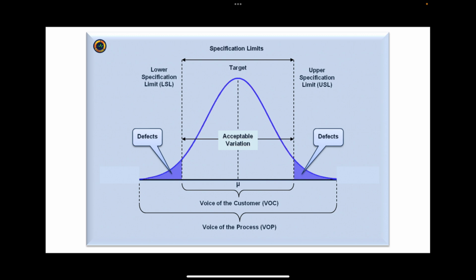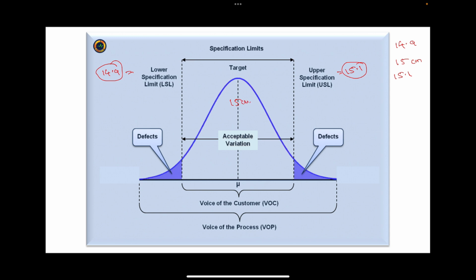So now let us look at this chart. Let us look at our example once more. Our steel rod size was 15 centimeter, and the customer was ready to accept up to the limits 15.1 and 14.9. So here the limit is 15.1, and here the limit is 14.9, and our target is 15 centimeter.